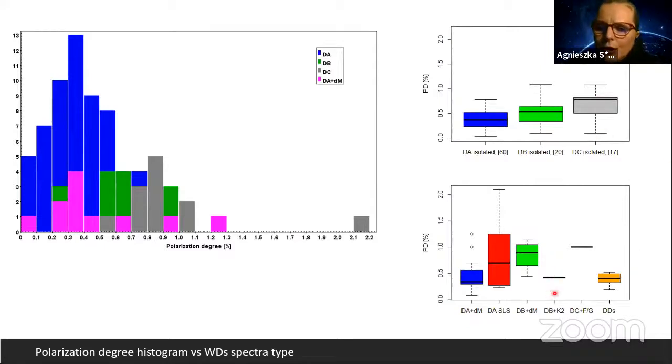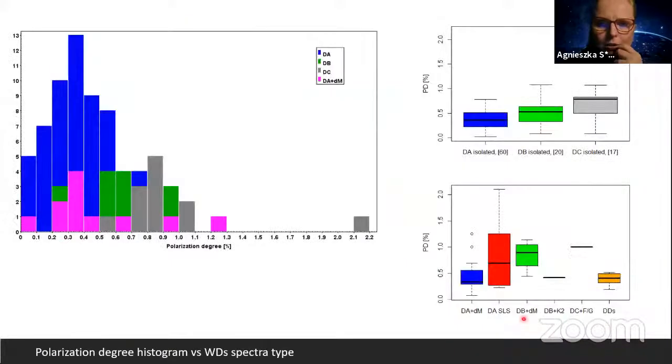Interesting enough is also that if you go to binary systems, where at least one component is a white dwarf, you can see that, for example, there is a difference in average polarization between systems with DA plus DM in comparison, for example, to DB binary systems.